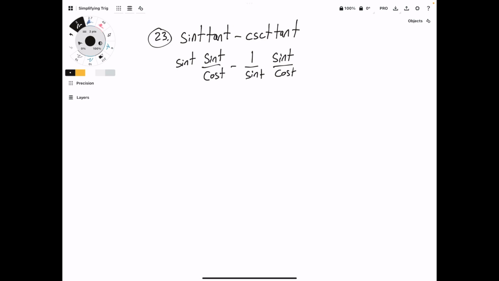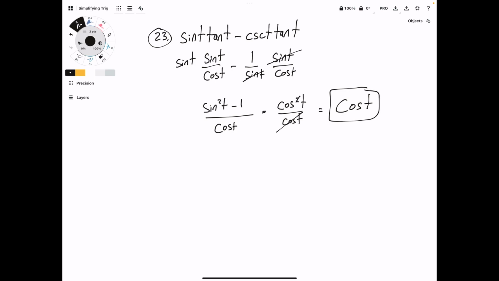When we do this, we see that these sines will cancel, and then we can rewrite everything as a single expression. On top, we have a trig identity for cosine squared t over cosine t. This cancels, and we are left with cosine t.